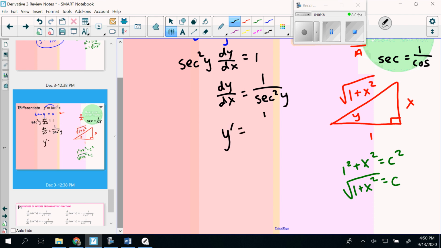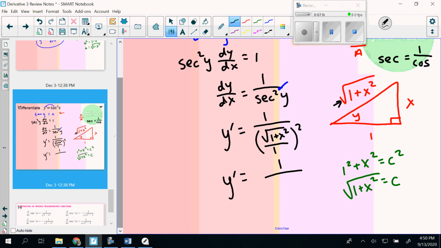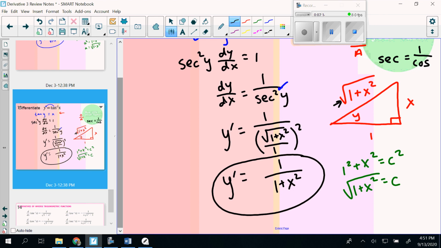So our derivative would be our hypotenuse, which is right here, the square root of 1 plus x squared, over our adjacent, which is 1. And then remember, this was secant squared, so we just substitute in what secant is equal to. We have to square that because it's being squared there. So what's our derivative going to equal then? Well, again, it's over 1, we don't need to write that. The square of the square root of 1 plus x squared is just 1 plus x squared. So that would be the derivative of inverse tangent.